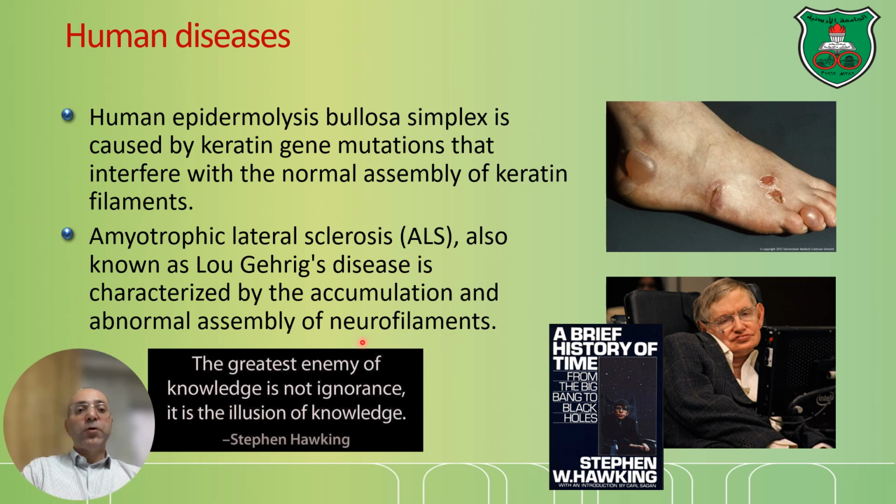It can also be caused by defective neurofilaments, the intermediate filaments that exist in nerve cells. Okay, and the most famous person affected by ALS is Stephen Hawking, the writer of this memorable book, A Brief History of Time.